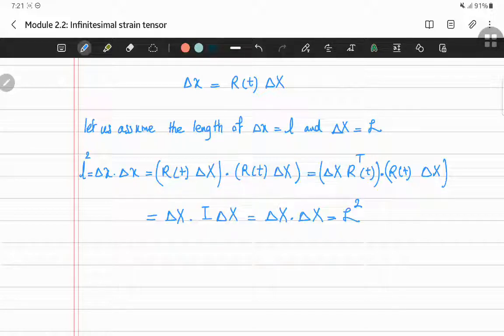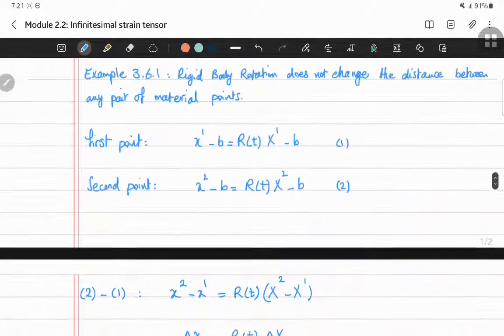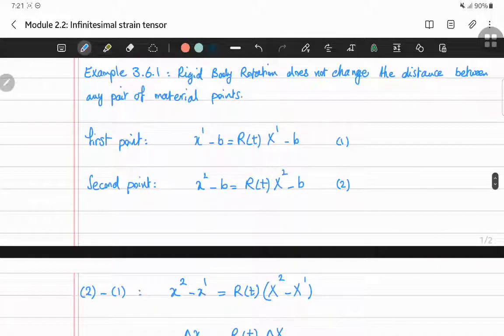Therefore, l squared is equal to L squared, l is equal to L. So you see there is no change in distance between any pair. I assume the pair here, this is the first point, this is the second point, this is a pair.